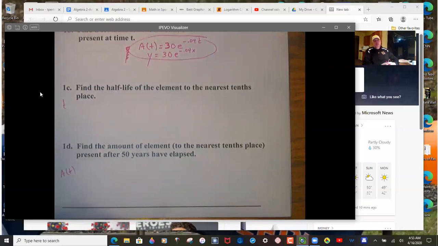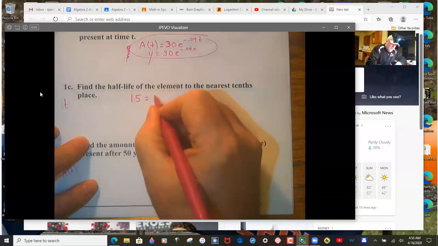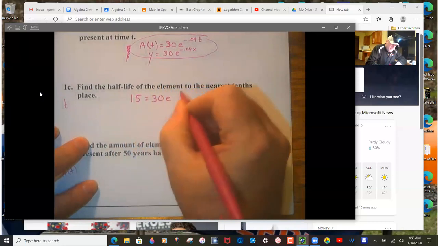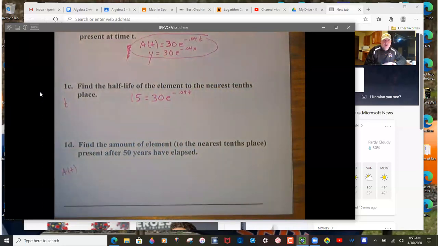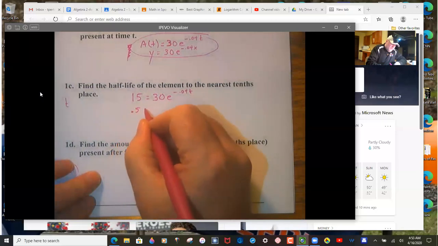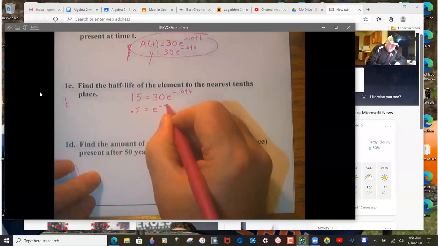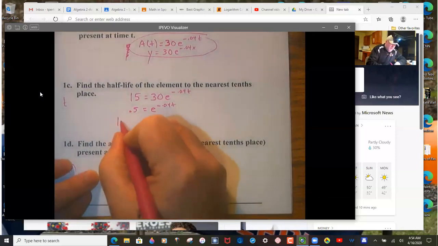Find the half-life. So what does half-life mean? That means that half of your original amount is left. So here we go again. We've got to get at the exponent. Divide by 30, well, that's 0.5. And now we've got to do log base e. Well, what is log base e?